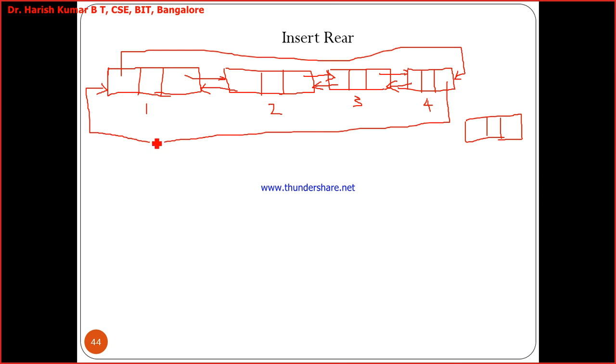That means this is having the value 1, and this is having the value 4, and this is having the value 2, this is having the value 1, and this is having the value 3, and this is having the value 2, this is 4, and this is 3, and it is pointing to this.